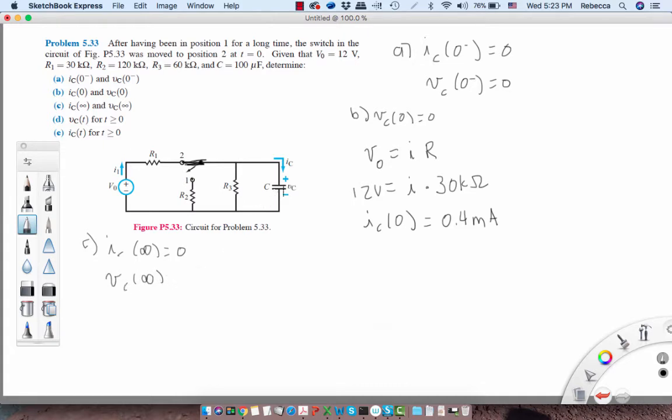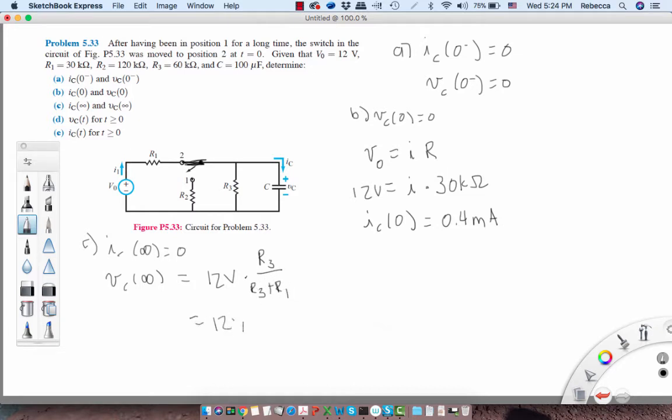Notice that the capacitor is in parallel with R3, and so it's going to have the same voltage as R3. To find the voltage across R3, we can use voltage division. So our VC is going to be 12 volts times R3 over R3 plus R1.